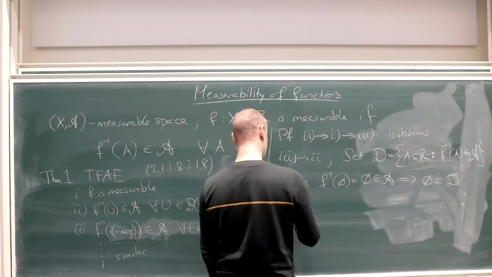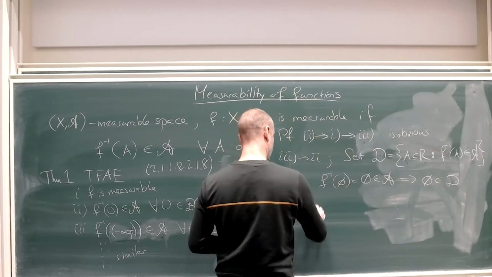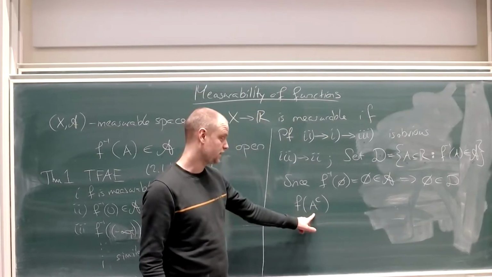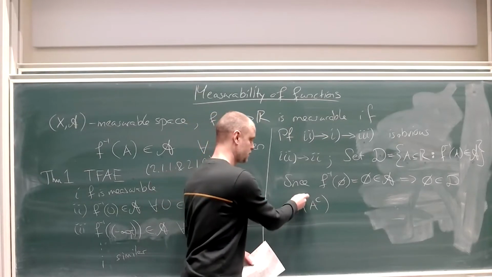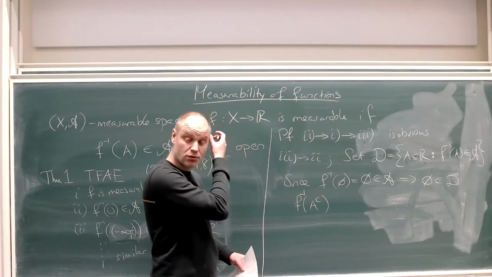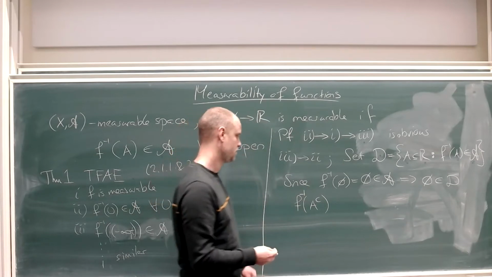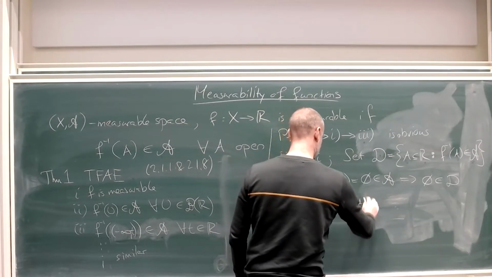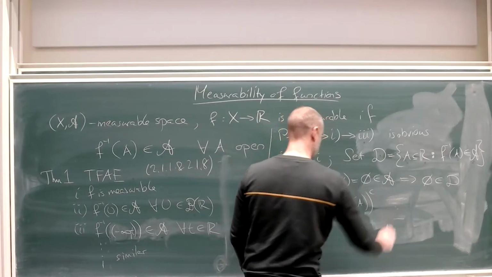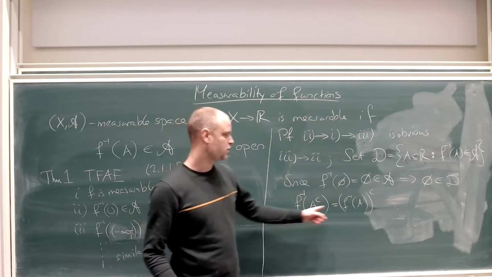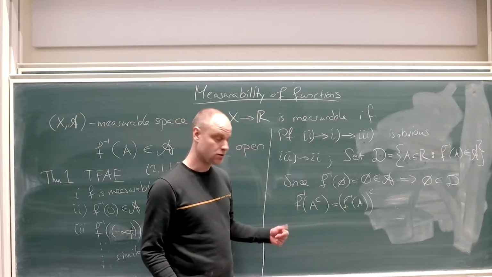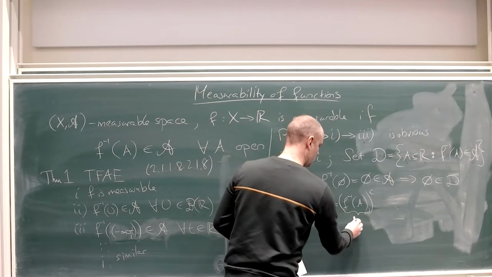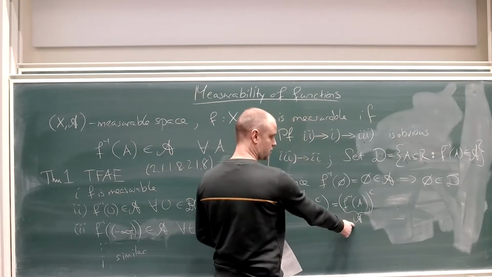Now let's do complements. Assuming that A is in D, I'm now going to look at the complement and think about how the pre-image looks. It's easy to see, just paint a picture, that you might as well take the complement of the pre-image of A. Now this is in A, the sigma algebra.